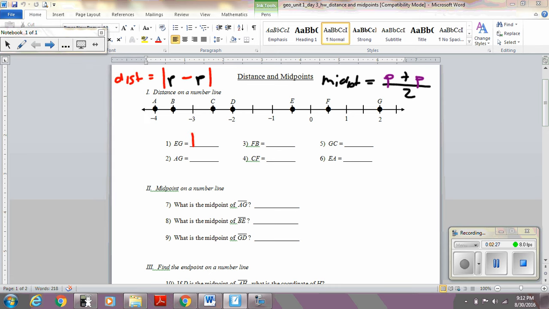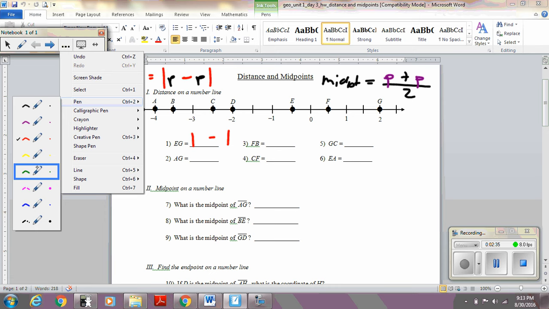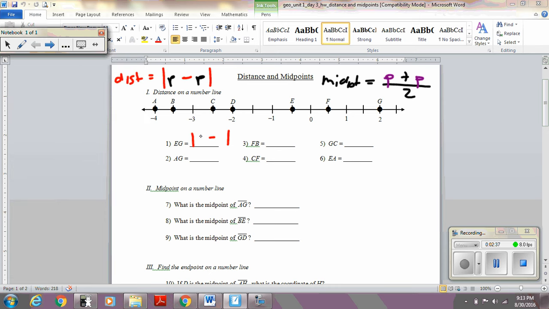So again, I'll draw my skeleton, have my minus. Now E again is at negative 1/2. G is located at positive 2. So now we grab our calculator.